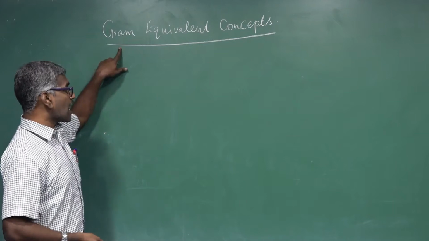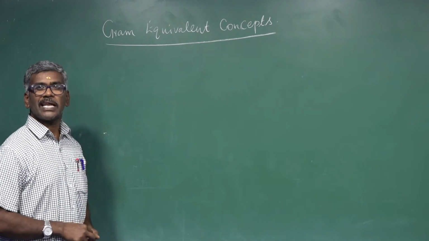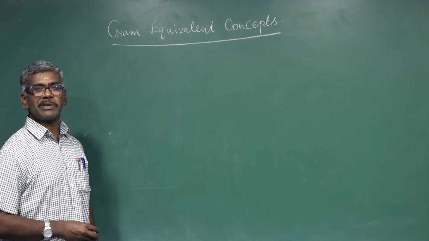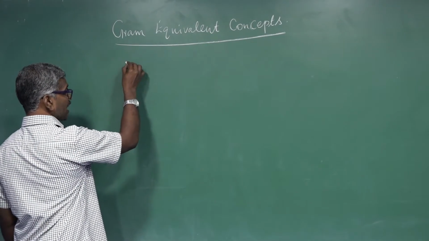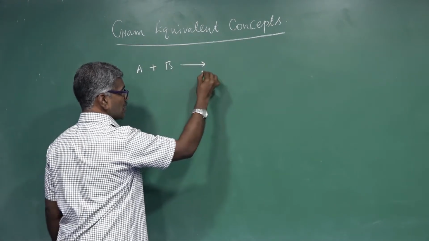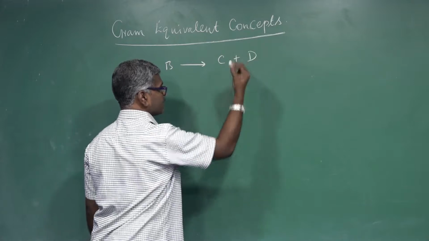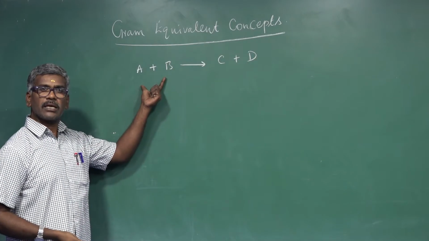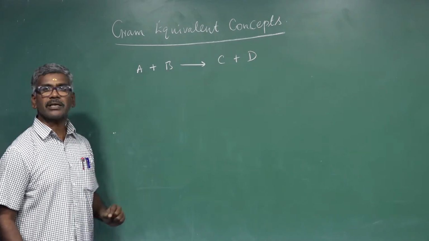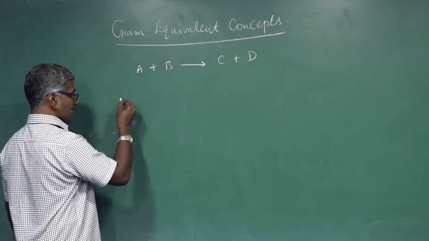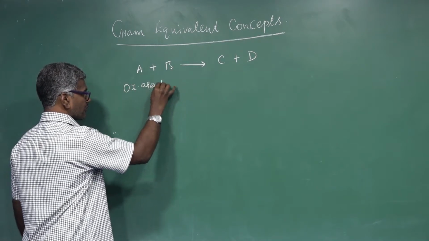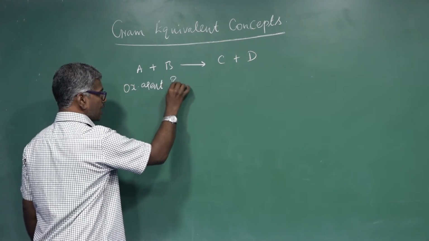First, the gram equivalent concept. Let us consider a general chemical reaction, A plus B gives C plus D. A and B are the reactants. One acts as an oxidizing agent and the other acts as a reducing agent.